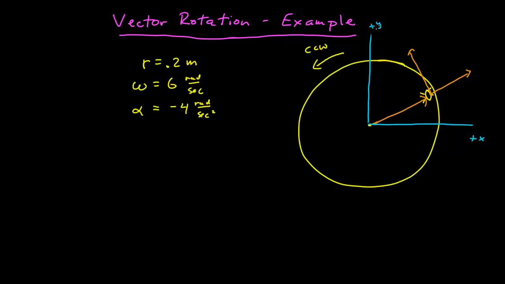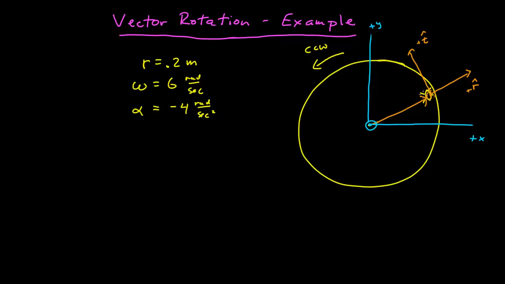Here's plus x and plus y with plus z then out of the screen. And then I'm going to have a coordinate system at this instant of where the bug is, some radial coordinate system that points radially, and a tangential coordinate system that's tangent to the circle, such that in my RTZ coordinate system, there's a z that's also out of the screen.